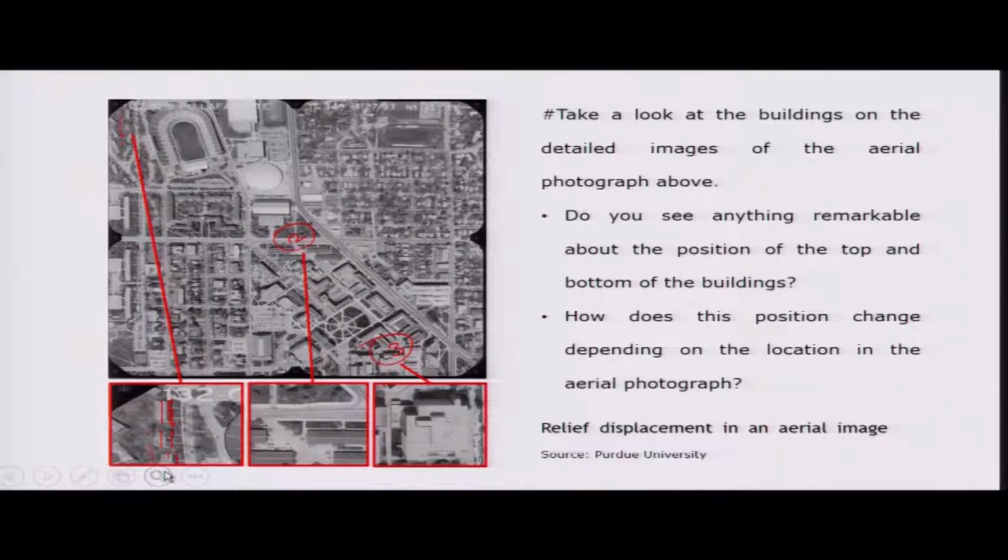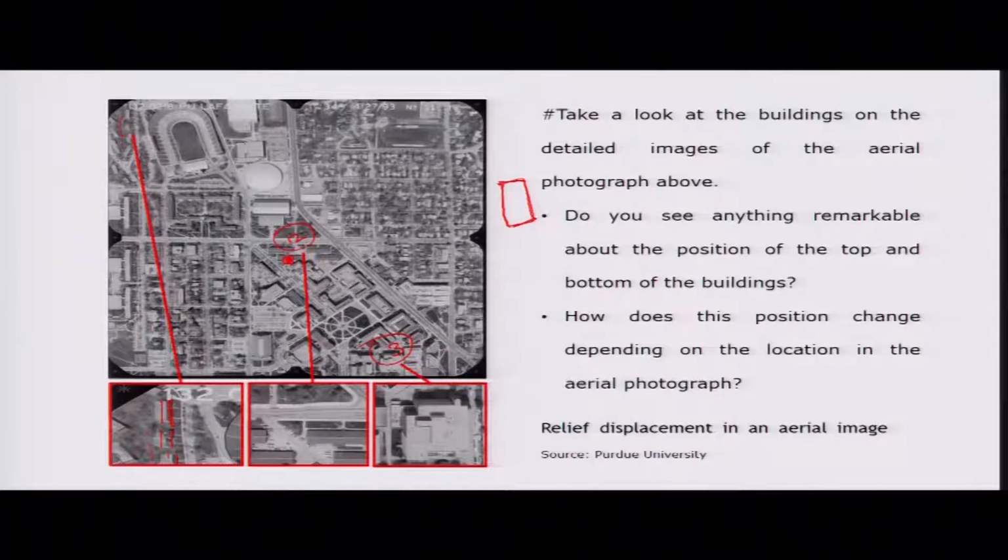So, suppose this building is located at the center, you will see it in the form of a rectangle, because the shape of its terrace is rectangular, but it is located radially outward from the nadir point. So, this is the reason behind the displacement of its terrace from the base of the building.